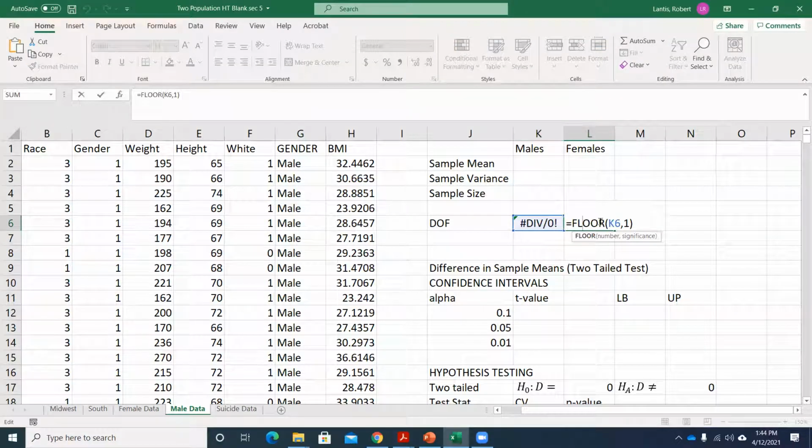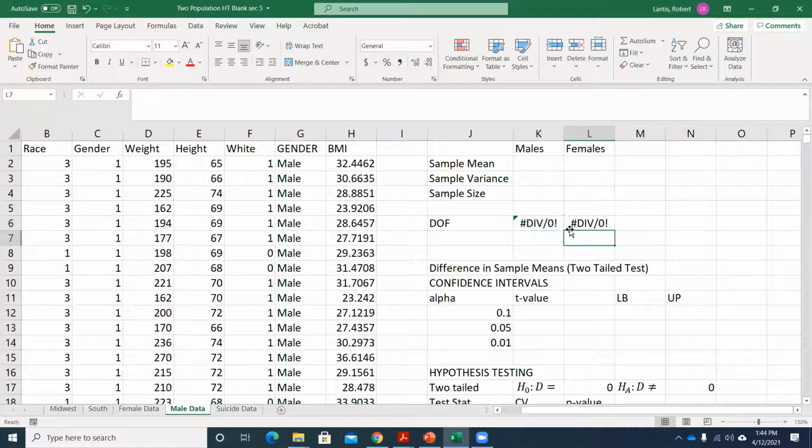And then we always round it down, or floor it. In Excel, floor would take 89.9 and push it down to 89. So we're always erring on the side of caution, giving ourselves a little bit lower degrees of freedom. That would already be in the Excel assignment when you upload it, before you even do any work. That'll make this a little bit easier for us.